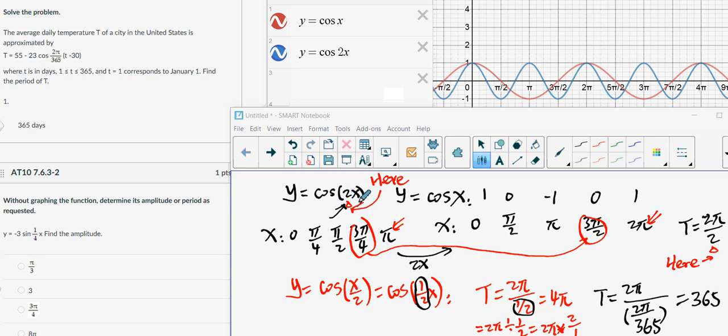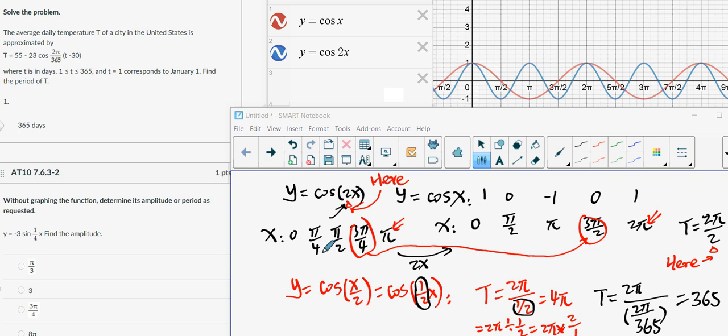Now, what does the 2 do? Every x value is multiplied by 2 before cosine, so the value inside reaches 2 pi faster.